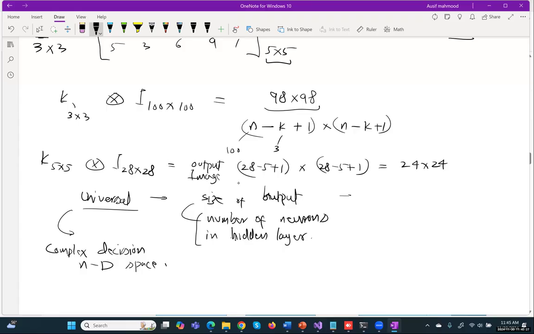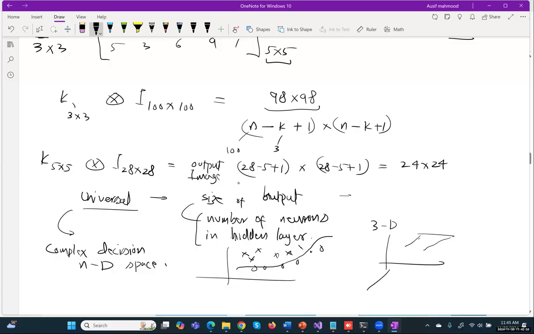So the example I was giving is, in two-dimensional space, let's say we were classifying the data into X's and O's, and the decision boundary is a curve like this, okay? In 3D space, it will become sort of like a sheet which is bending in different directions, right?